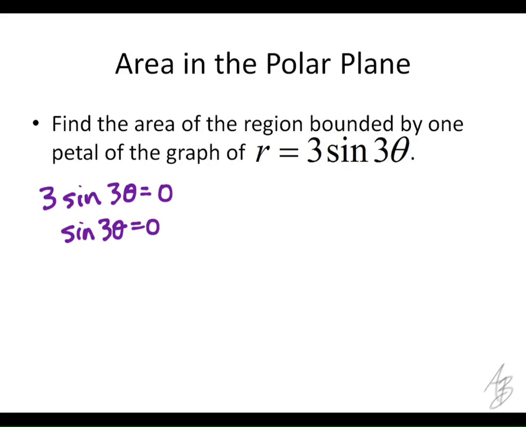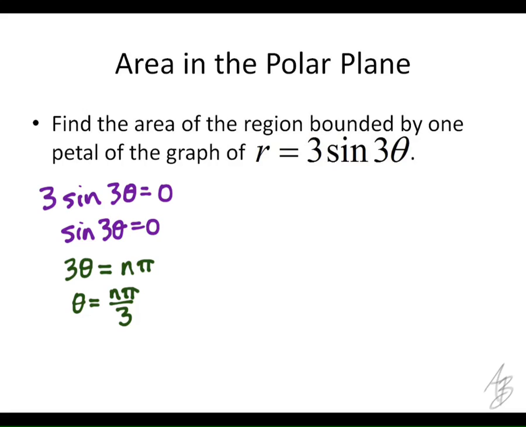You guys agree with that? So our angle is going to be 3 theta, so this is going to be 3 theta equals n pi. I can plug in any integer for n, and this is going to be a solution to my equation. And so to solve for theta, I get theta equals n pi over 3.